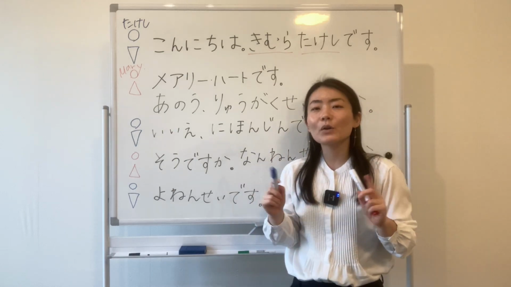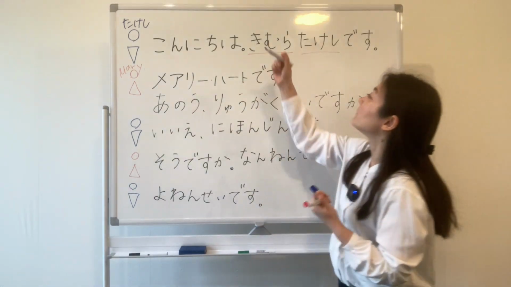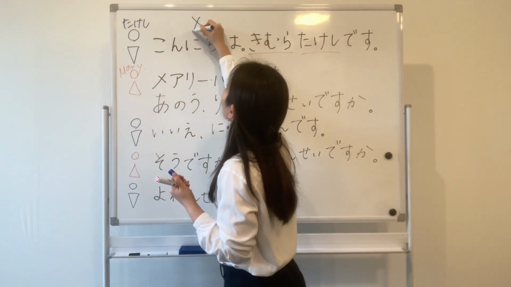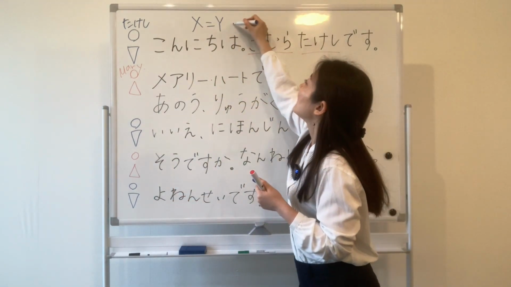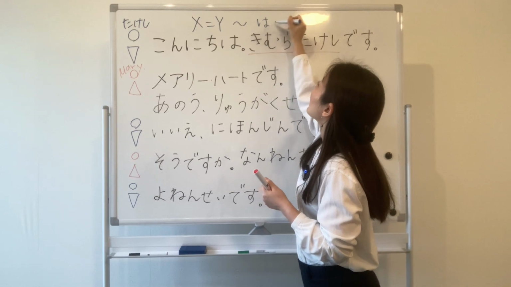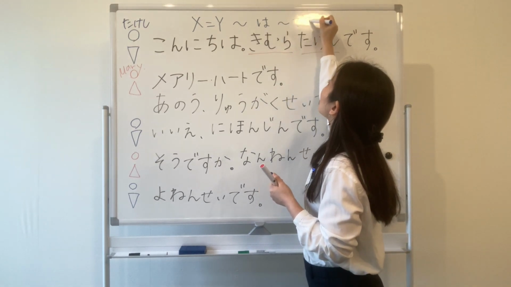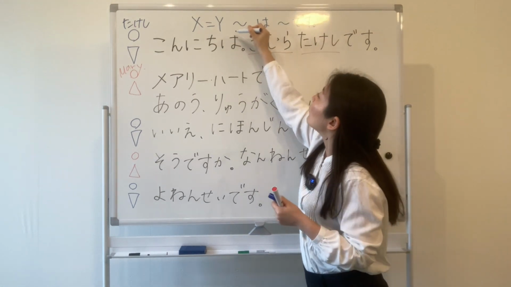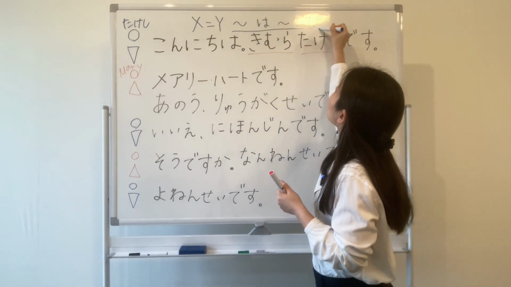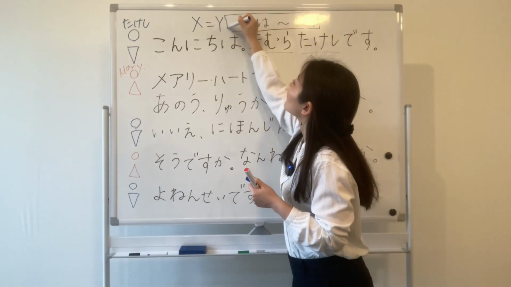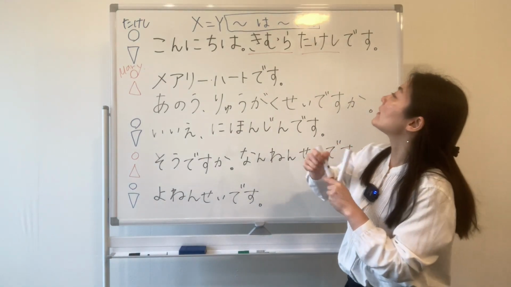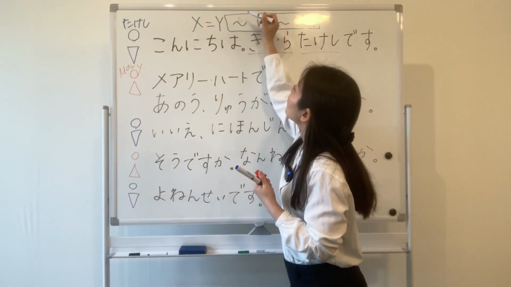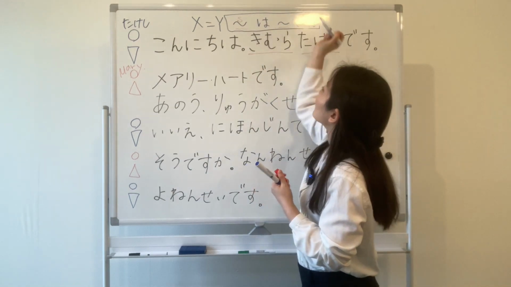In this dialogue, we have a grammar, x equal y. We can say 何々は何々です。We will use this structure. In this case, we put subject here, and this is noun and noun.